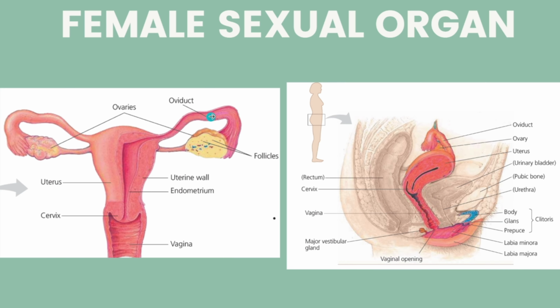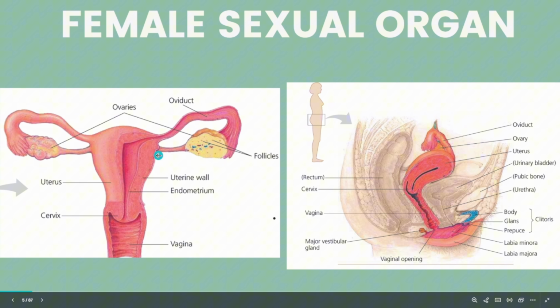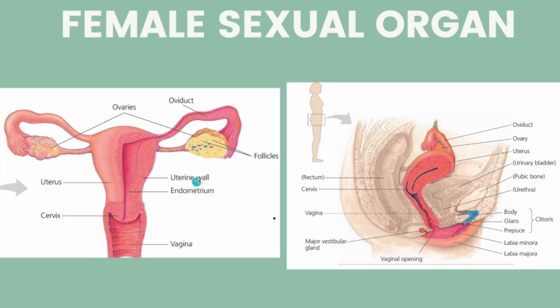The oviduct, or another name in your SPM, is the fallopian tube. Fallopian tube is also acceptable. So here is your fertilization. After that, you will undergo a series of cleavages, then implantation, and then you will develop the fetus. So overall, this is how the human, how the baby, is formed.